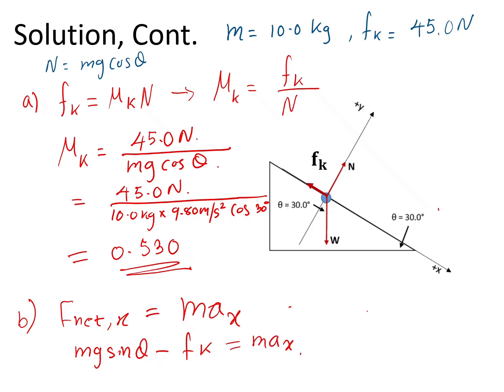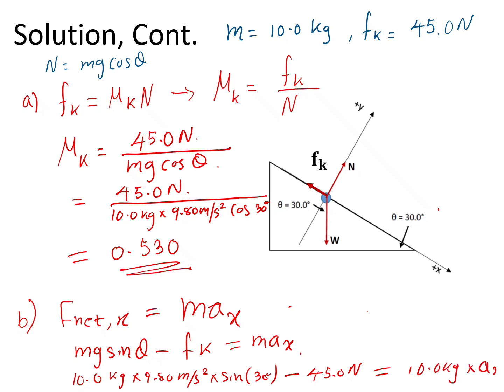So we have 10 kilograms times 9.8 meters per second squared times sine 30 degrees minus 45 newtons equals 10 kilograms times acceleration in x direction.